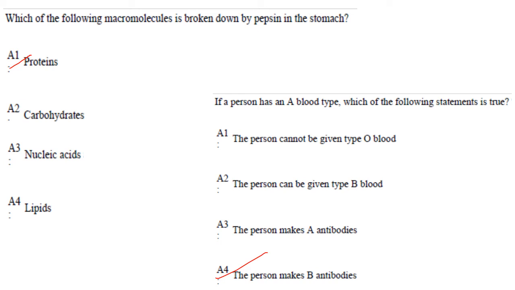Then next one, a person can be given type B blood. It is not possible to give type B blood to an A blood group person. You can give either A or O blood. Then next one, the person makes anti-B antibodies. So the answer here is option 4, that is the person makes B antibodies.